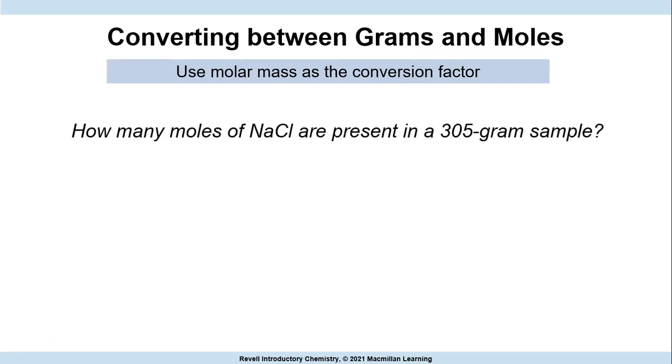Now, how many moles of sodium chloride are present in a 305 gram sample? The first thing you have to do here is calculate the molar mass of sodium chloride. Then we use the molar mass as a conversion factor to convert from grams to moles.